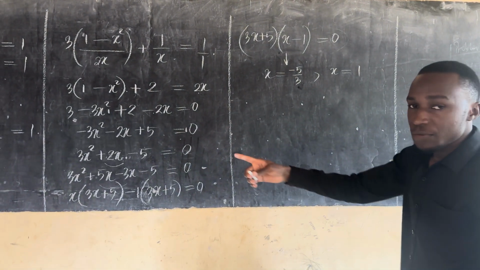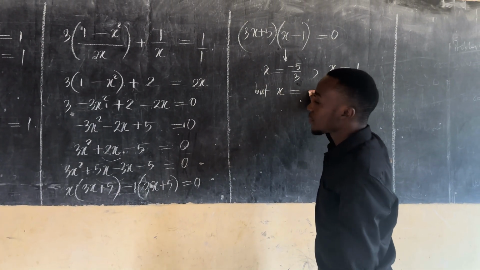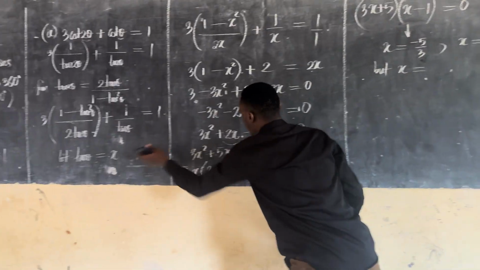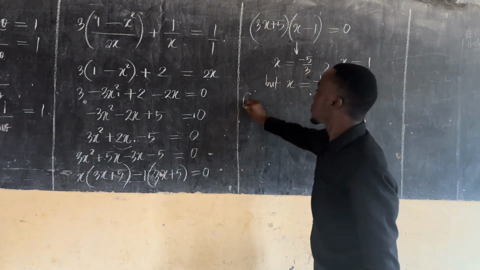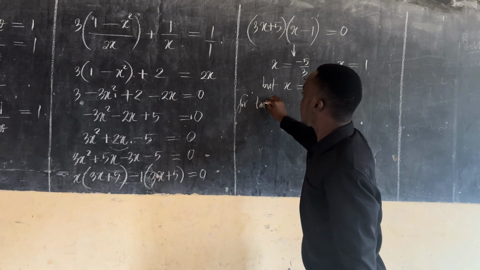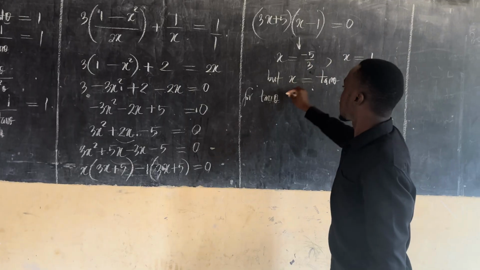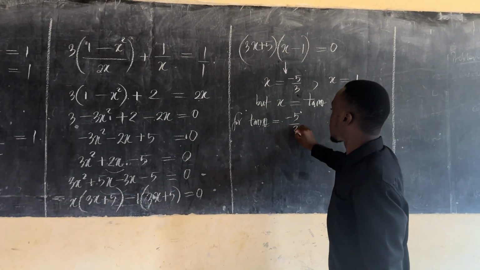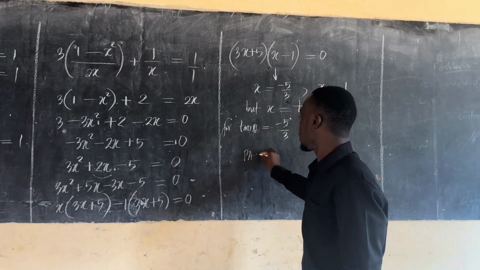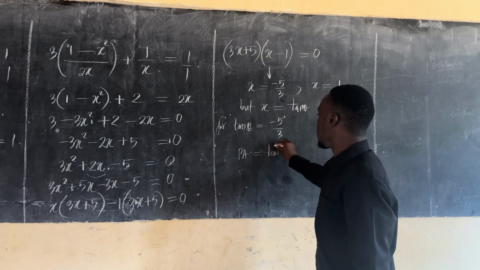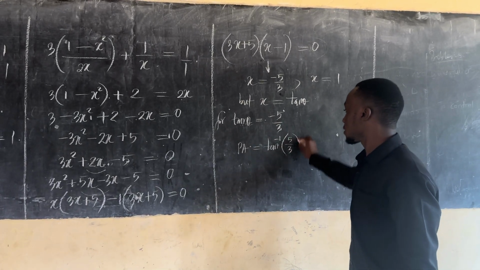From this, you have to remember that x is tan theta. So for x, which is tan theta, being equal to negative 5/3, you will get your principal angle, which is tan inverse of the positive quantity 5/3.